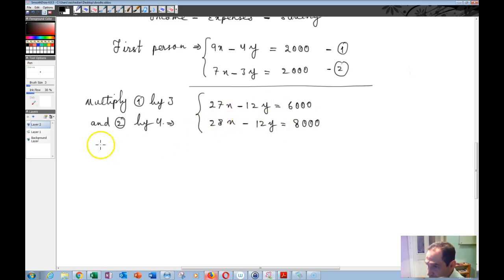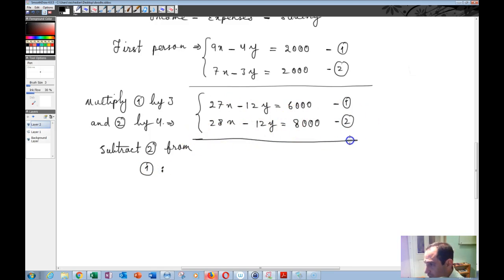So now I subtract, and this becomes, for example, 1, and this becomes 2, right? Now you can subtract 2 from 1. The way that you can subtract is that you can take the algebraic opposite of each term in 2 and then add it to 1.